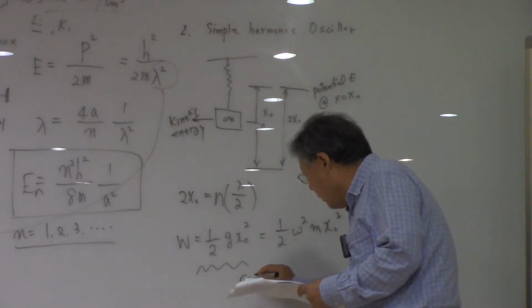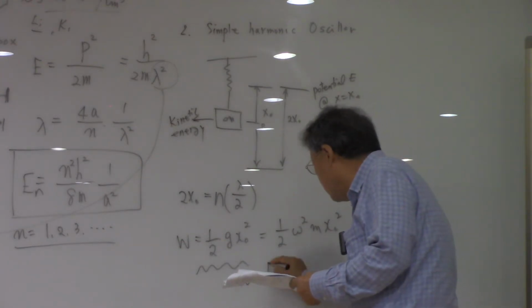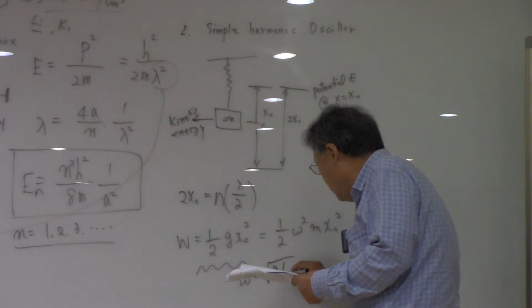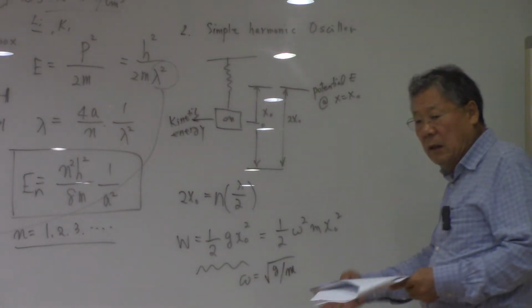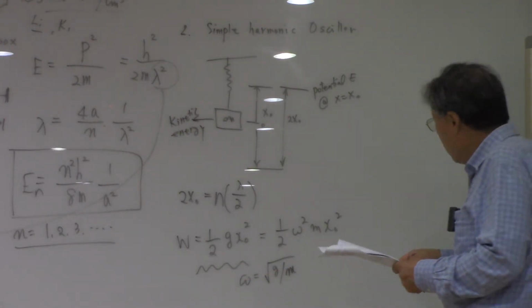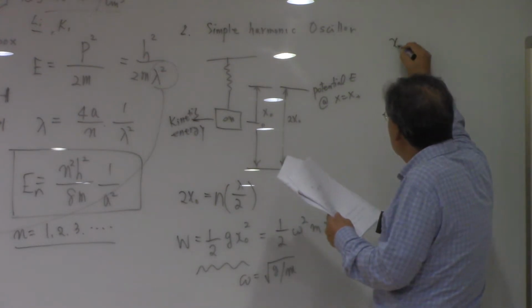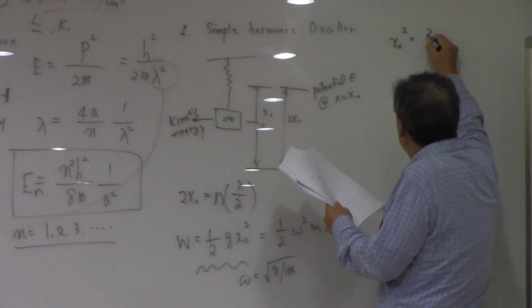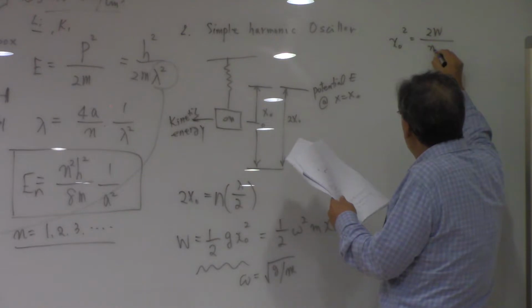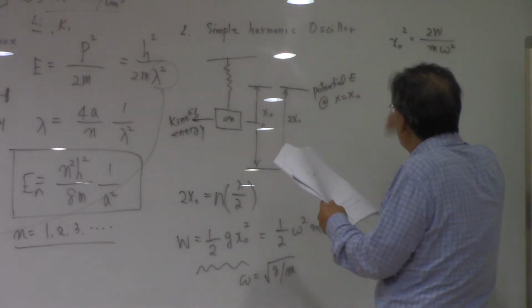And here the omega is a natural frequency, which is corresponding to the gravity and the mass m, and x naught is equal to m omega square, something like this.